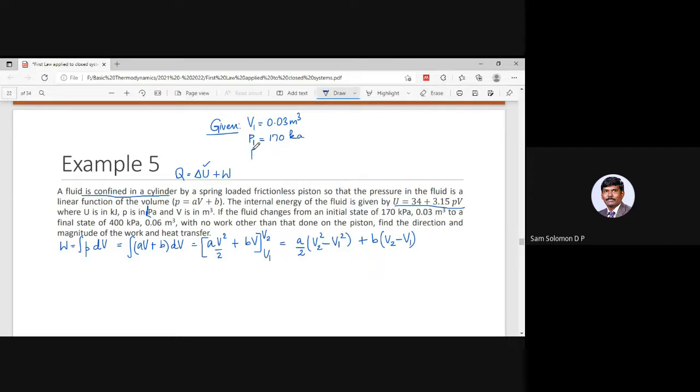If you look at P2, P2 has changed to 400 kilopascal, and volume V2 is 0.06 meter cube.